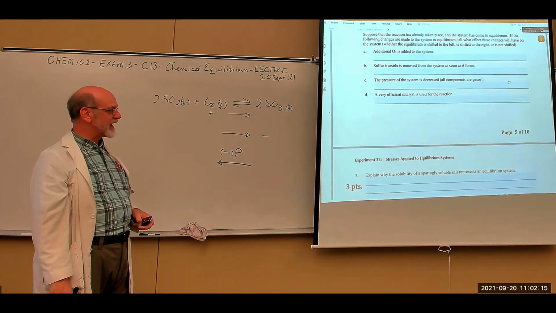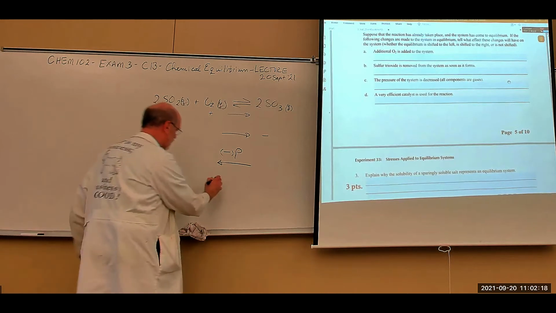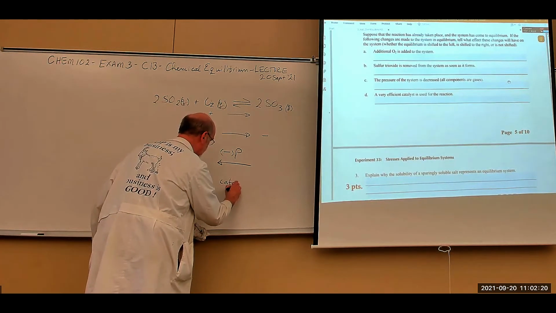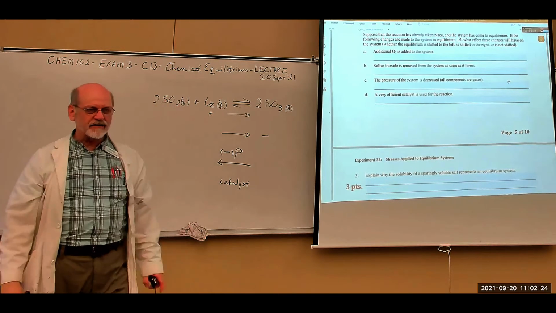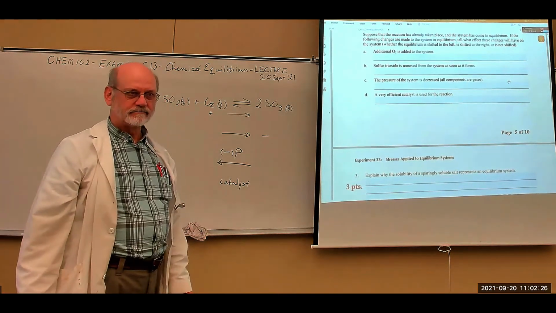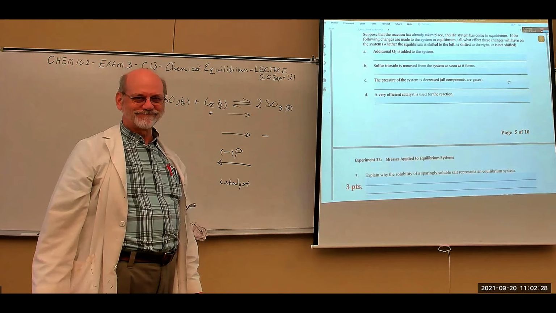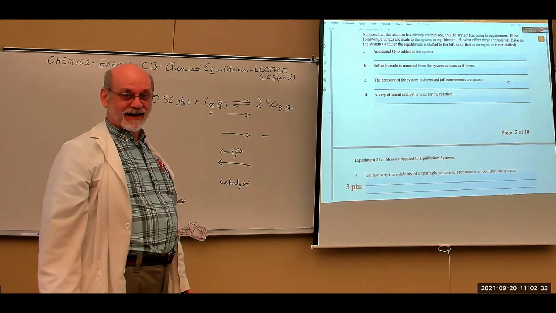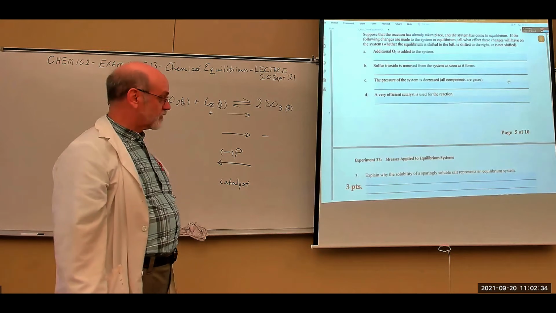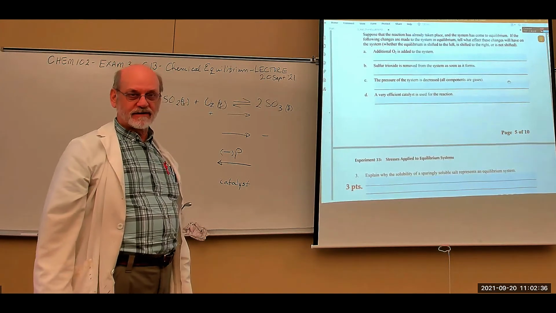A very efficient catalyst is used for the reaction. So the last possibility is the catalyst. Is a catalyst a stress? Right? Is it going to affect the equilibrium position? Yeah, I guess so.